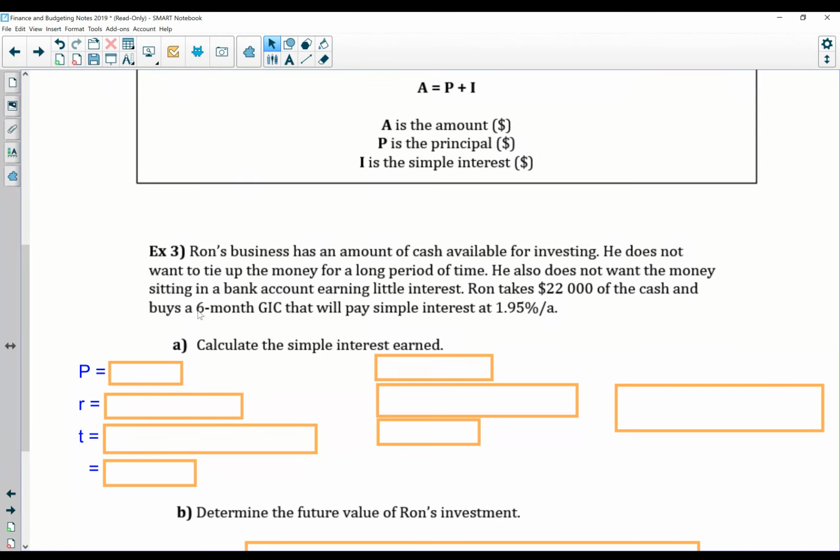And he buys a 6-month GIC, which, if you remember, is a guaranteed investment certificate that will pay simple interest at 1.95% p.a. Okay, so let's pause for a second. The 1.95% is the percentage, and p.a. means per annum, which is Latin for per year.